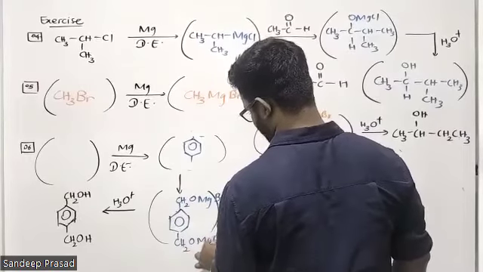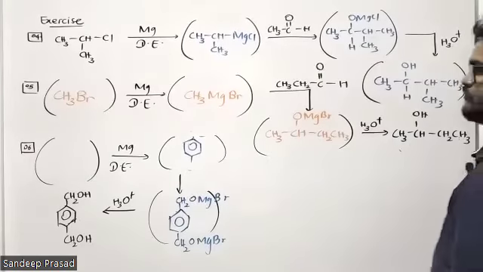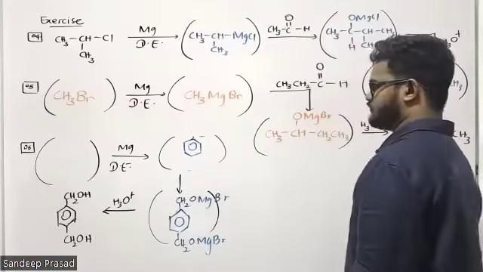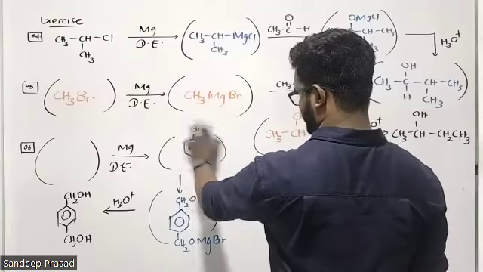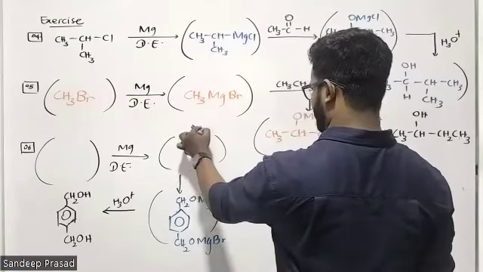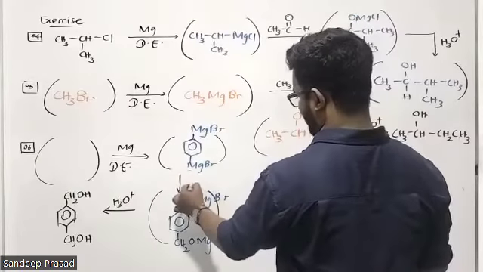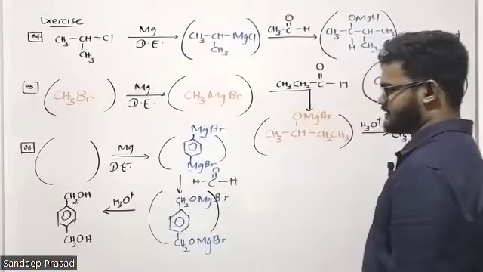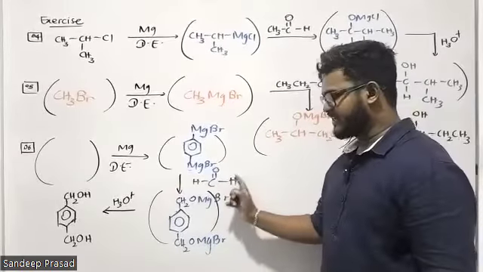OMgBr. Now, students, we can consider here magnesium bromide, MgBr. We have added methanol in this way, HC double bond O, methanol.